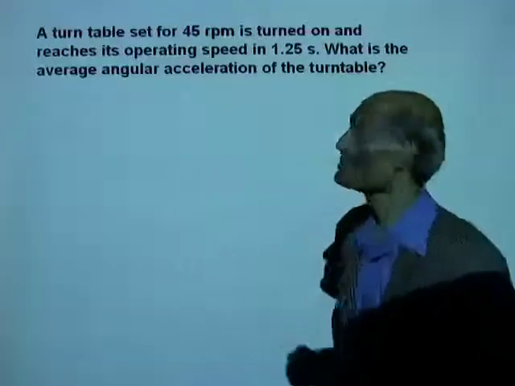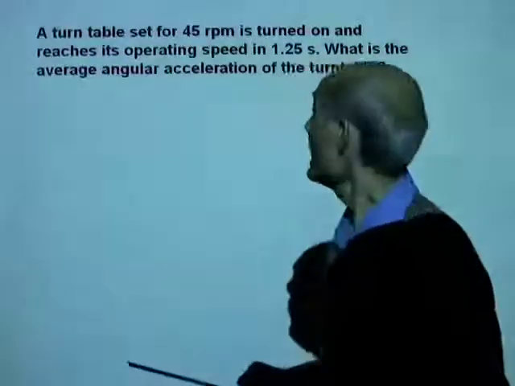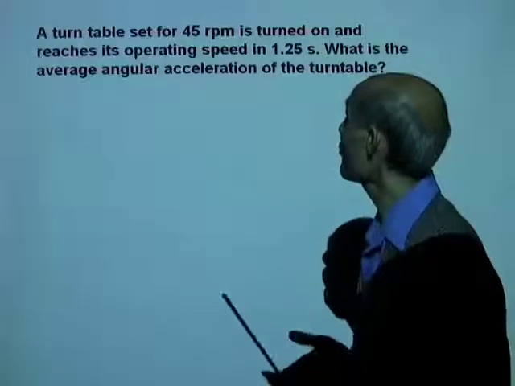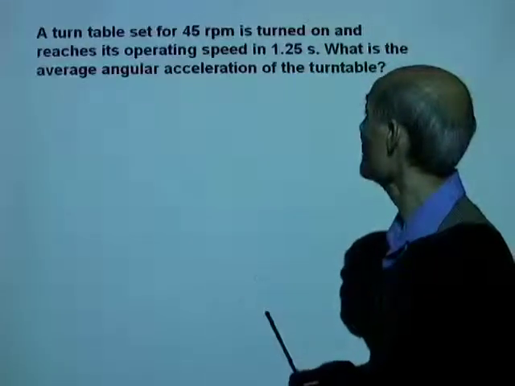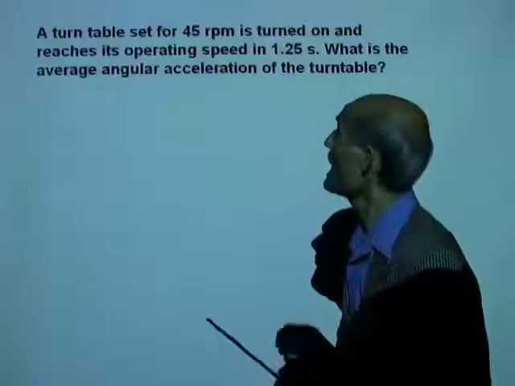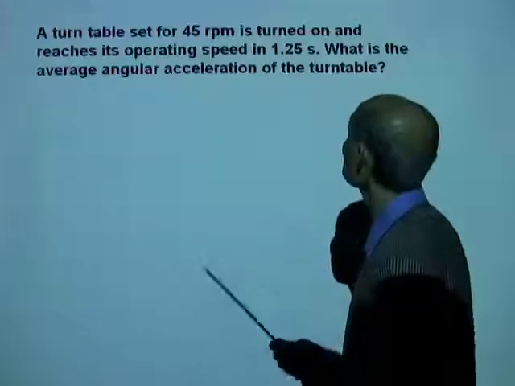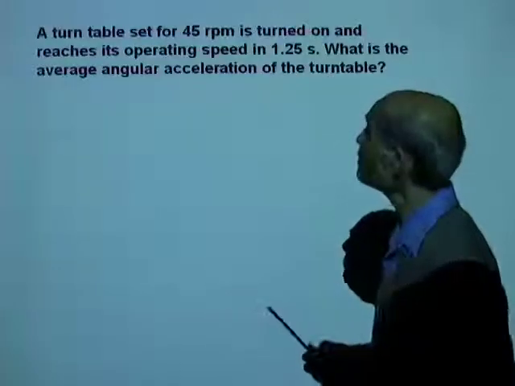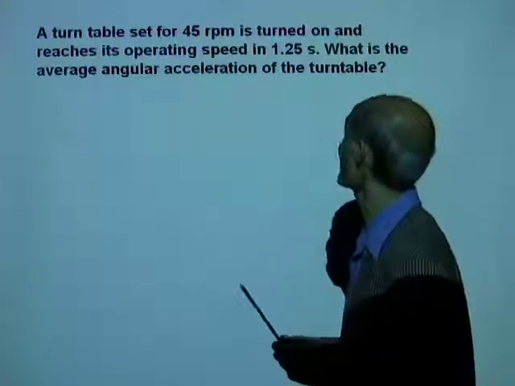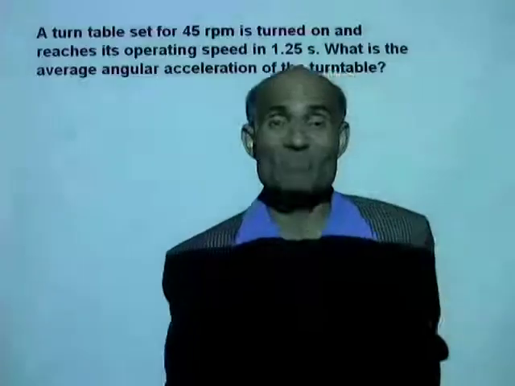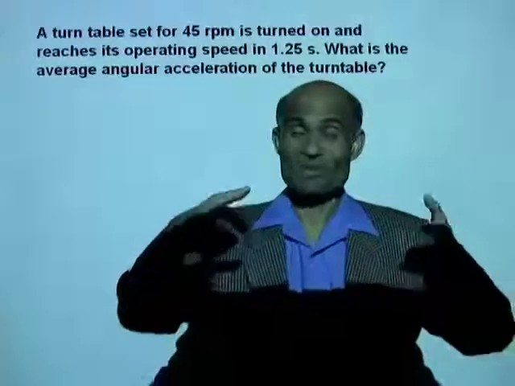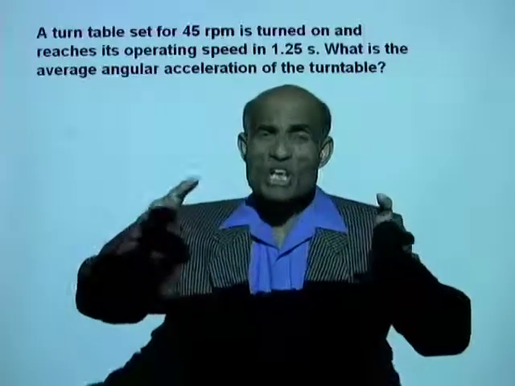Okay, let's do a problem. A turntable set for 45 RPM is turned on and reaches its operating speed in 1.25 seconds. What is the average angular acceleration of the turntable? Well, I'm sure some of you at least know what a turntable is.